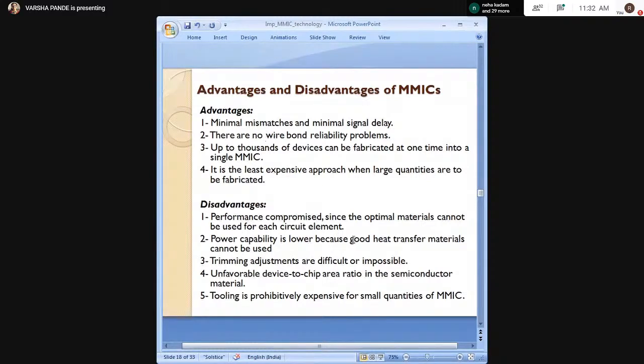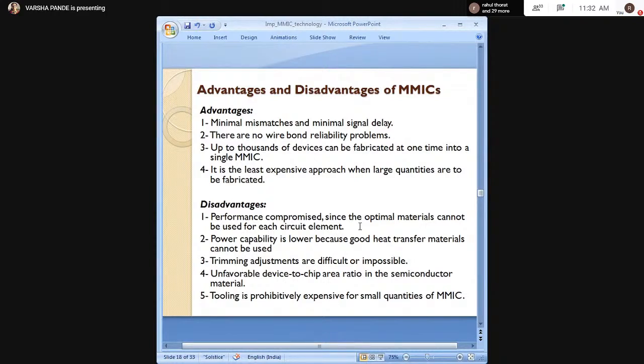Then another disadvantage is what? Optimal material cannot be used for each circuit element. Suppose you want to fabricate a capacitor and an inductor, and for both you want to use the same material, you can use the same material because the fabrication technique will be there.